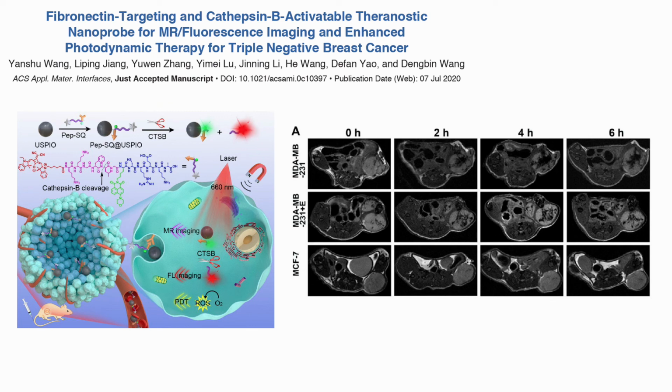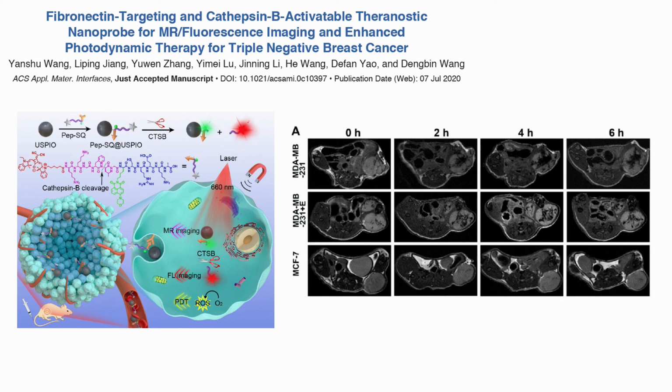So they could target it to fibronectin using this peptide, which consists of these 5 amino acids, and they used tumor models that were ER positive, which is MCF7, that had low fibronectin, and MDA-MB-231 that had high fibronectin. So once this nanoparticle was injected, it went and bound to the fibronectin in these tumors.